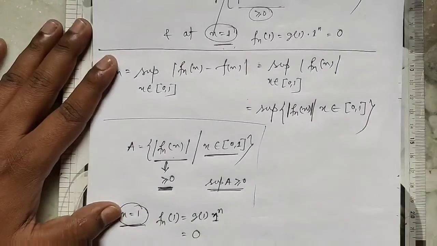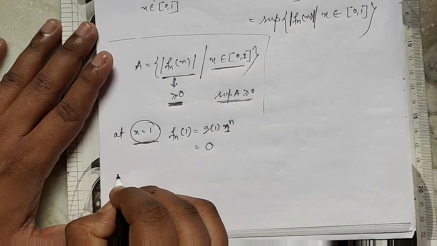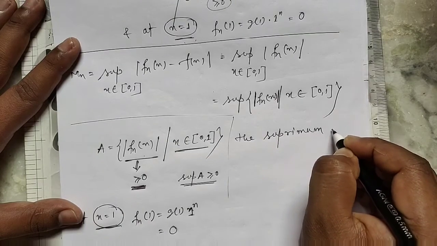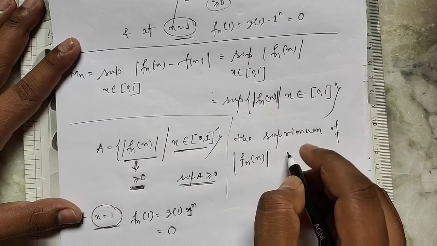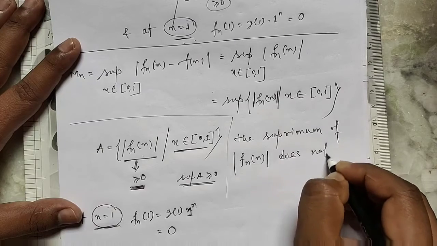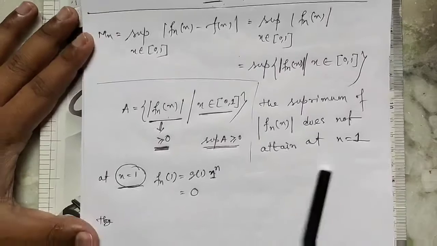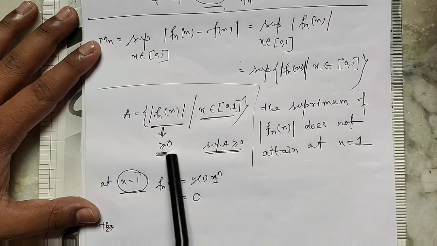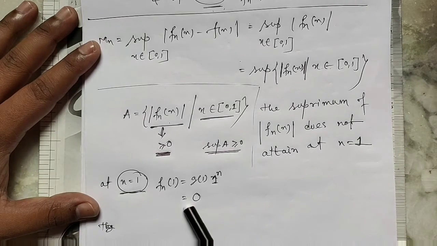Clear? So from this discussion we can say that the supremum of mod fn x does not attain at x equal to 1, because at x equal to 1 the value is 0, and every member is non-negative, so the supremum is bigger than 0, while at x equal to 1 the value is 0.